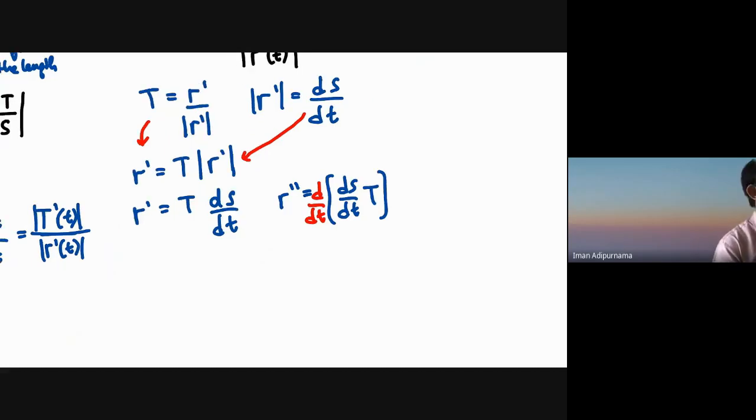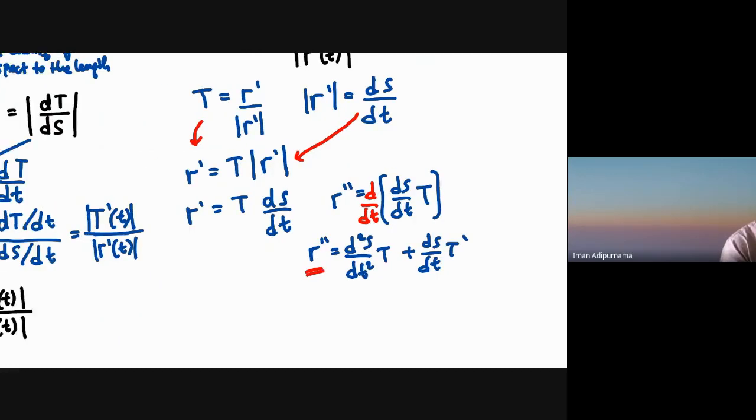Okay. Find the second derivative. So first is T plus ds over dt, T prime, right? Okay. So we have now r double prime and r prime.